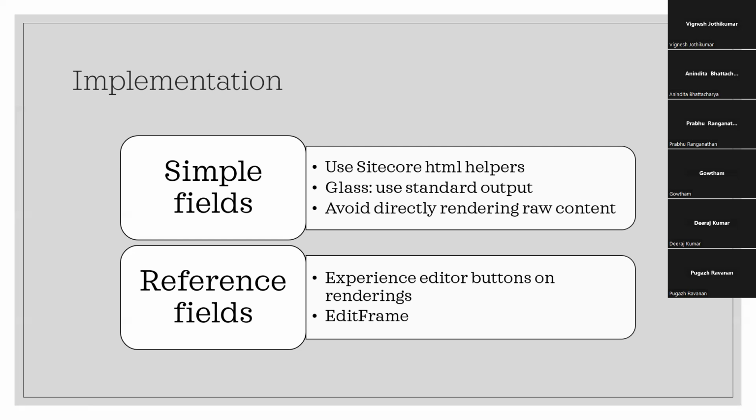But if for whatever reason you simply have to show raw content, and by that I mean you're just directly going to output content from the field and not use any helpers or anything, then the workaround there is obviously you have conditional logic for experience editor mode versus normal mode. But then that is additional work that you're doing to maintain experience editor friendliness.